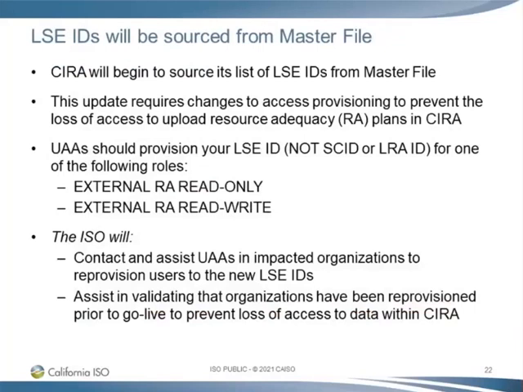We did have a training on this particular item for all of your user access administrators, and that was done in January to give them a heads up that this type of change was coming to CIRA and to make sure that we were ahead of the need to make those changes, and that needed to take place first so that we could then implement these CIRA enhancements.